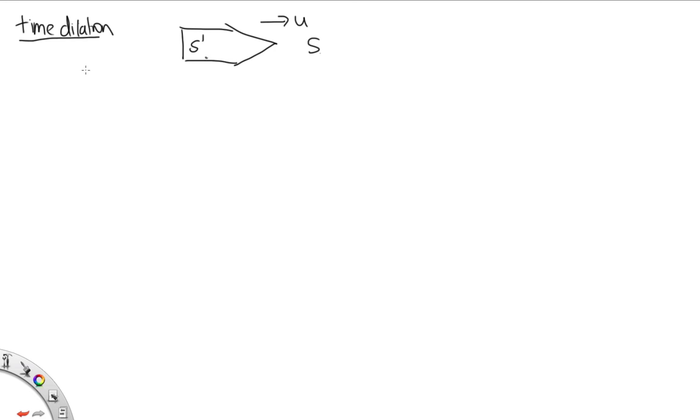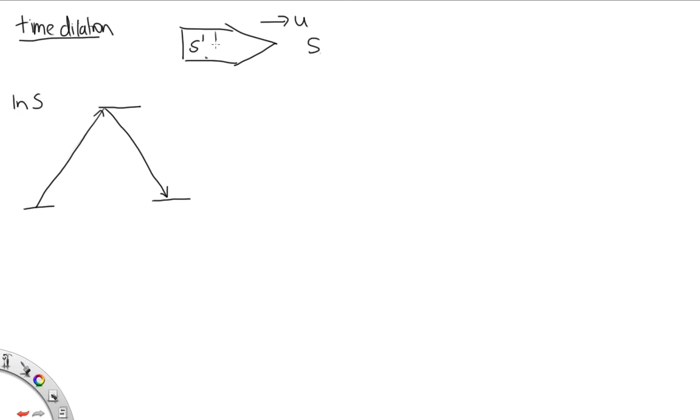Let's have a look at what will happen in the two frames. In frame S, where the rocket ship is traveling with a velocity u, we will see the light follow a path from one mirror to the other mirror, and then back down to its initial position like this.